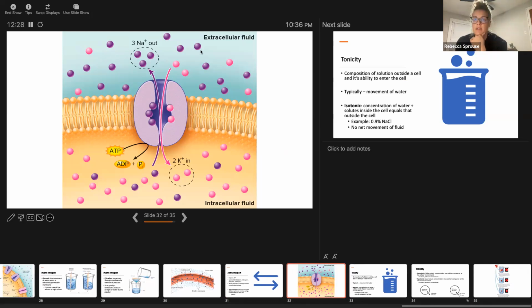And naturally, because there's more sodium out here and more potassium in here, they're both going to want to move to an area of lower concentration, from high to low. So sodium is going to move from this high concentration outside to a low inside, and potassium is going to move from a high inside to a low outside.